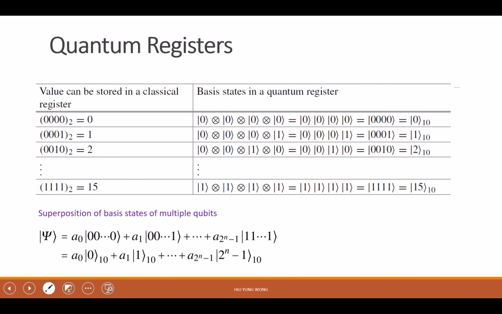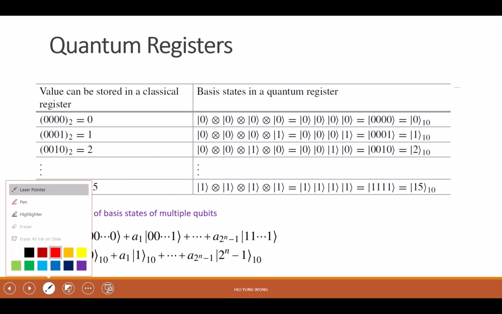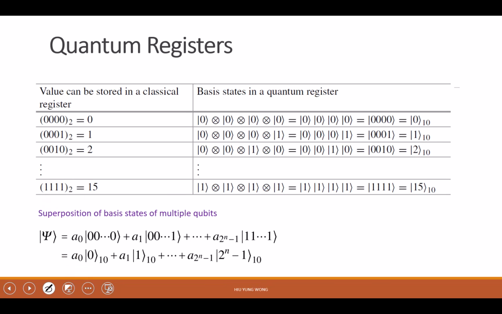So likewise, for a 4-bit classical computer, I have 16 states. Then for the quantum computer, I have 16 basic states, right? So what do I mean? It means I can have a general state like this. I call it psi. Again, don't worry about this bracket notation, but get familiar with it.